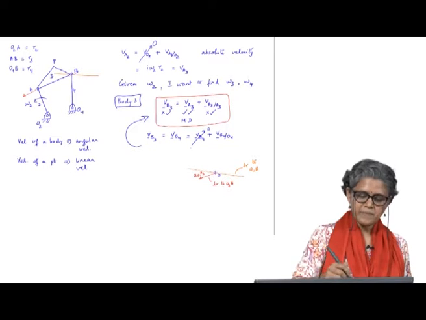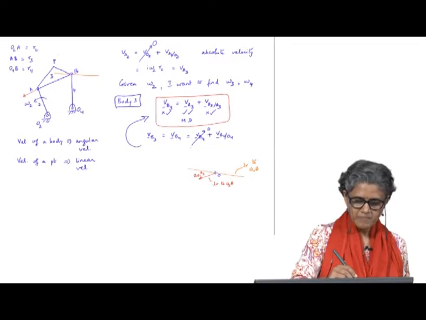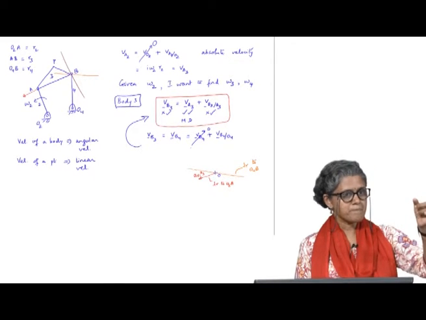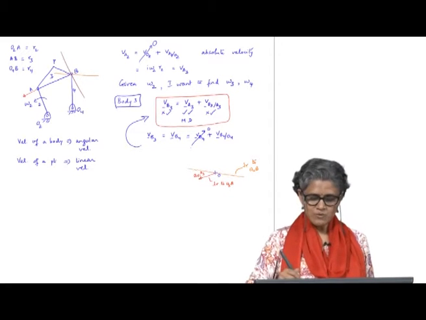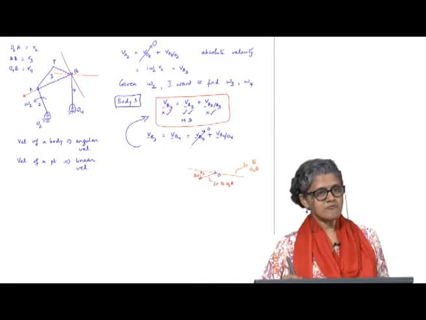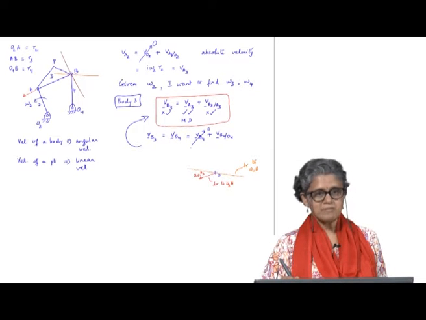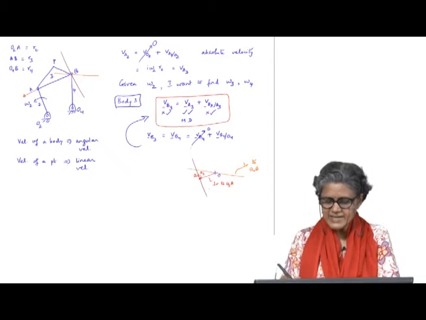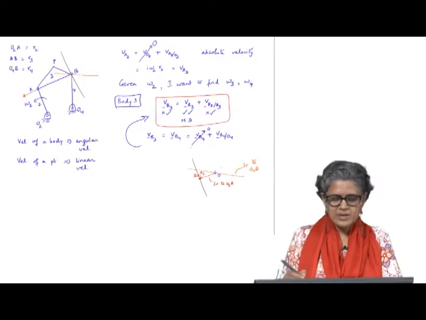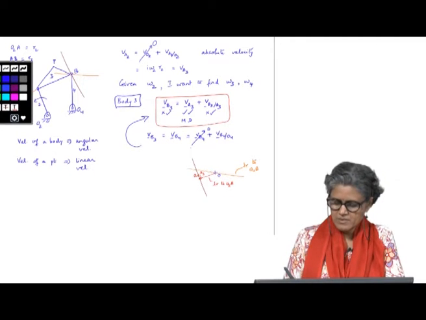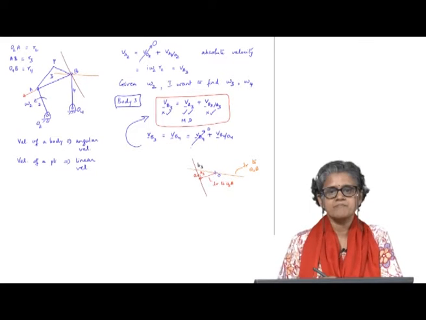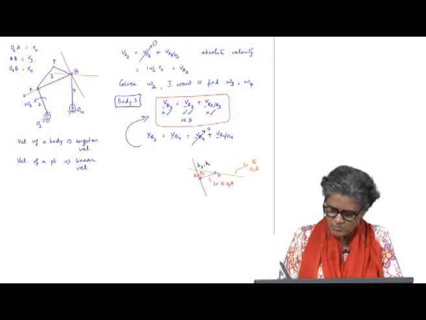If I look at AB, I know that this should be perpendicular to AB, again I do not know in which way. Okay. And this will start from where? From O or from A? It has to start from A, because it is relative to A. So, now I transfer this to this point. The intersection of these two gives me the point B, B on body 3, which is also equal to B on body 4.